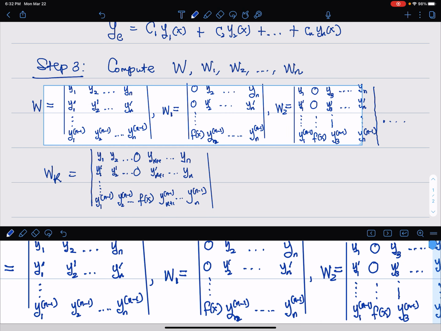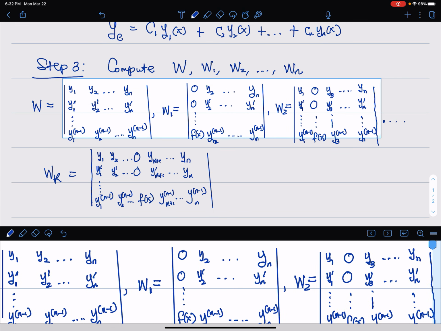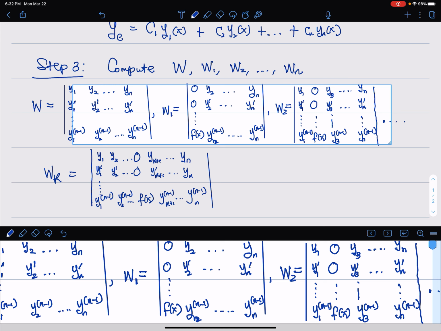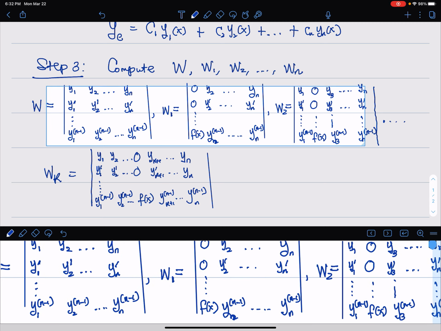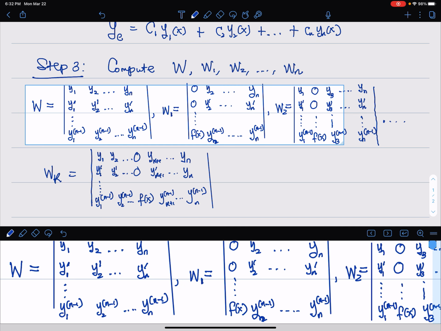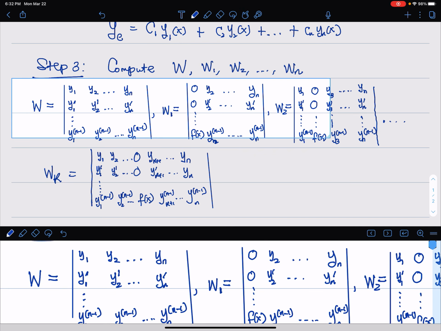So basically, how do you find these W's? Just go to the column. If you have W1, go to the first column, put 0 in everything except the last entry. Replace the last entry with f of x. So you take your W, this is how W is defined.